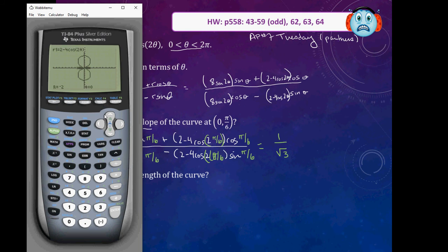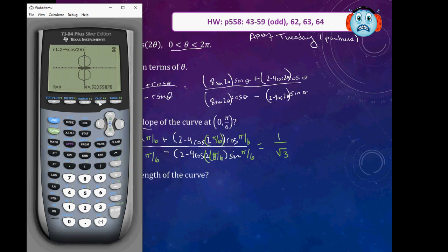And when I hit second trace value, the theta they asked me for is when the radius is 0, right?